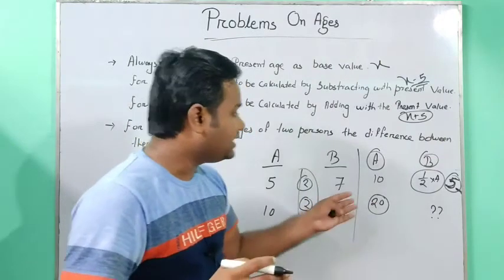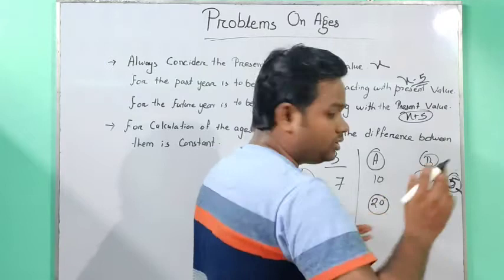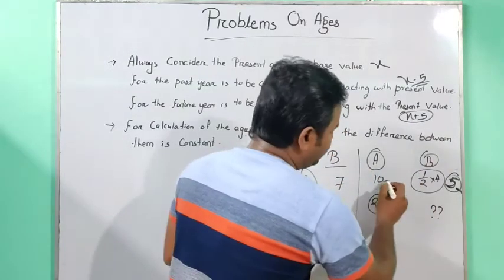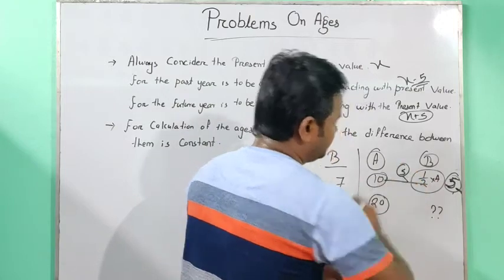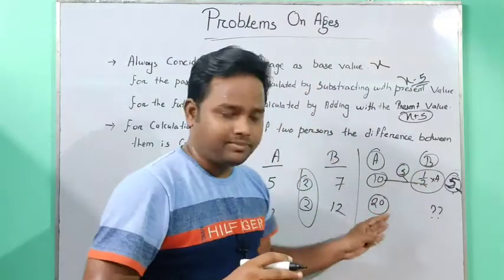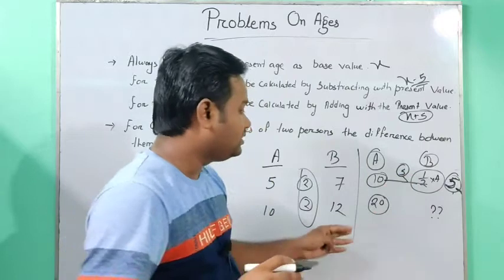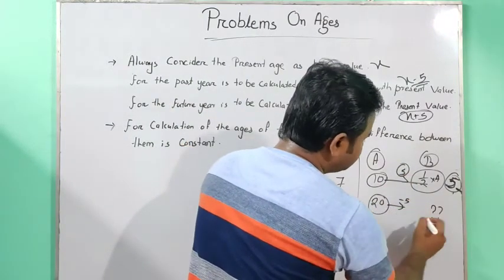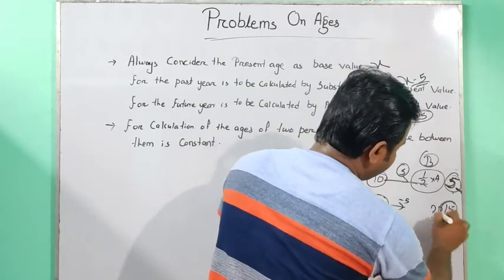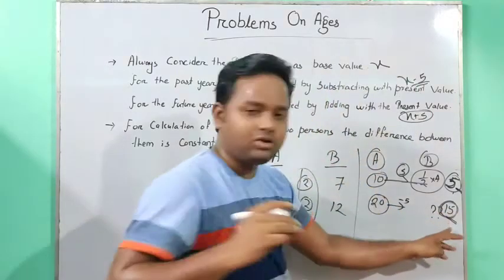The difference between them is 5 years. So after 10 years, the age of B will be 20 minus 5, which is equal to 15 years. It is the true value.